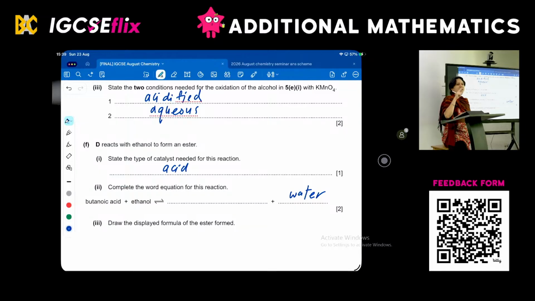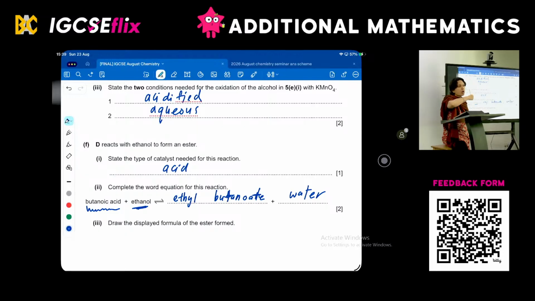In order to write an ester, it's like methyl methanoate, butyl butanoate, ethyl methanoate, like that, right? So it's two words. The first word comes from the alcohol. So this one is ethanol, so it's ethyl. And then butanoic acid, so it's butanoate.